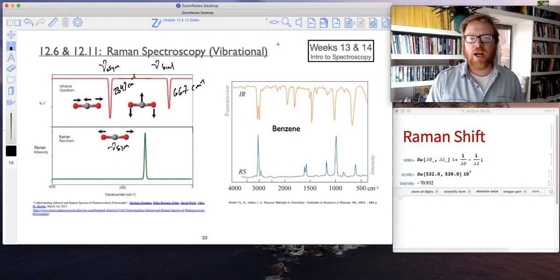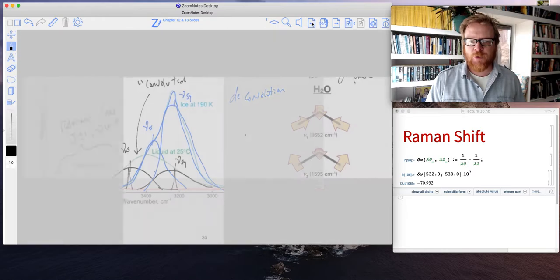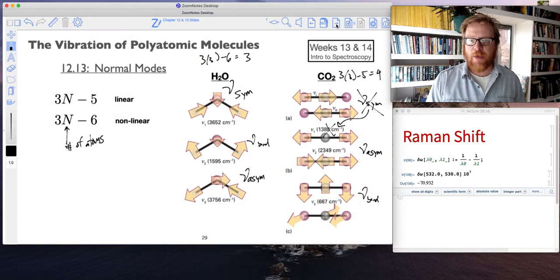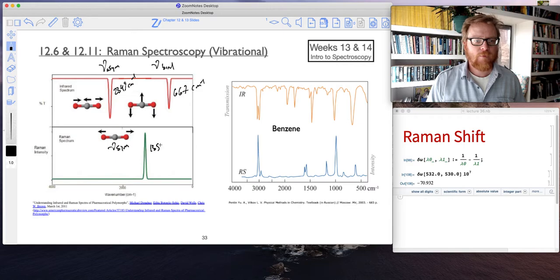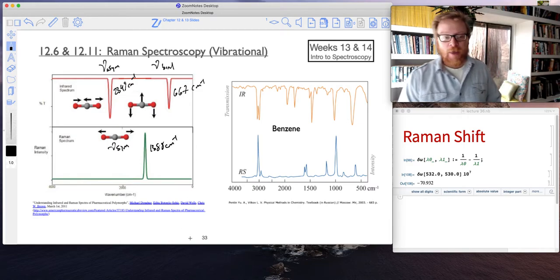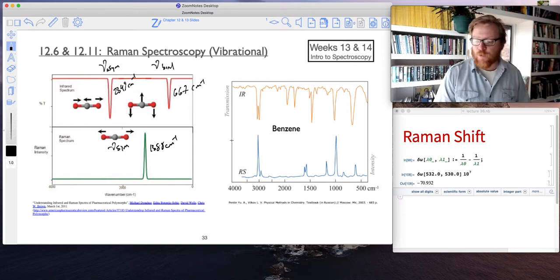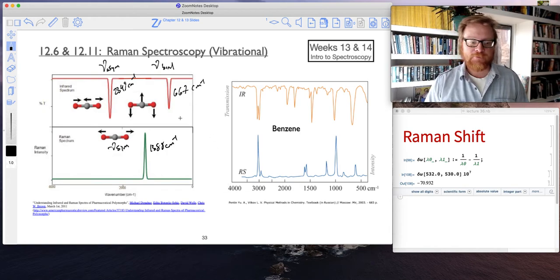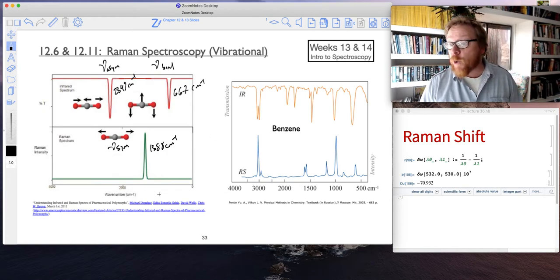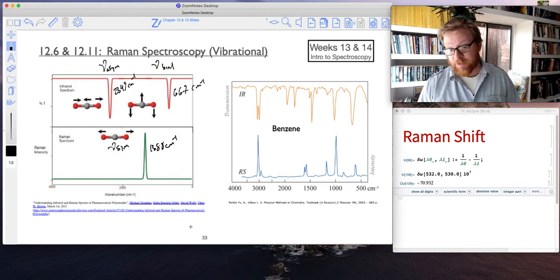But that symmetric stretch would occur at, it was 13 something, 1388. Okay, so that one is Raman active. This is really cool about the Raman effect or Raman spectroscopy, that we can observe modes that might not be observable in FTIR.